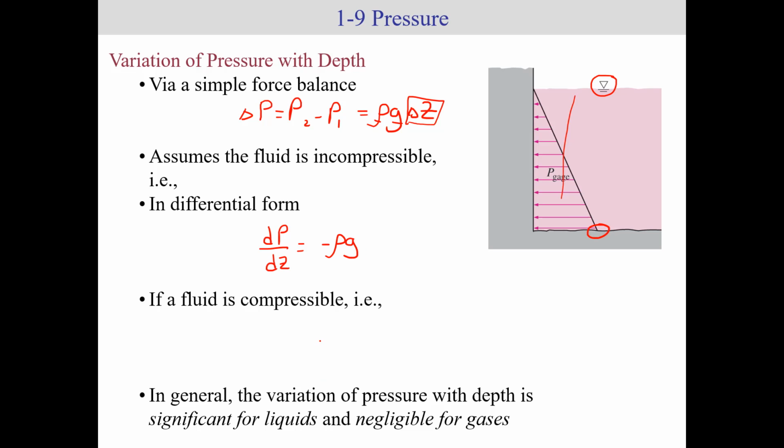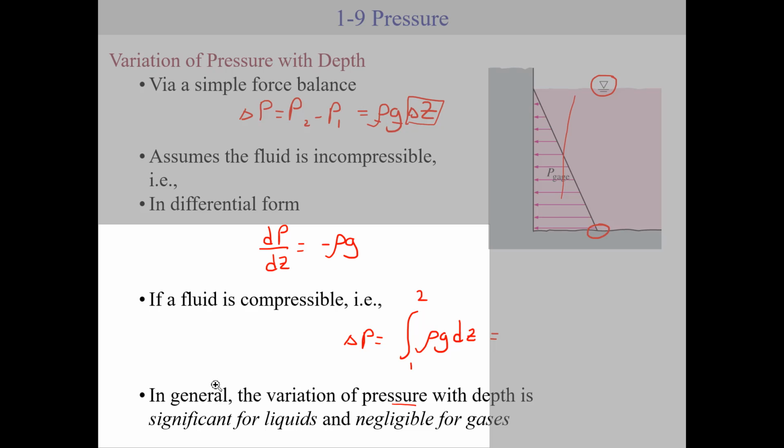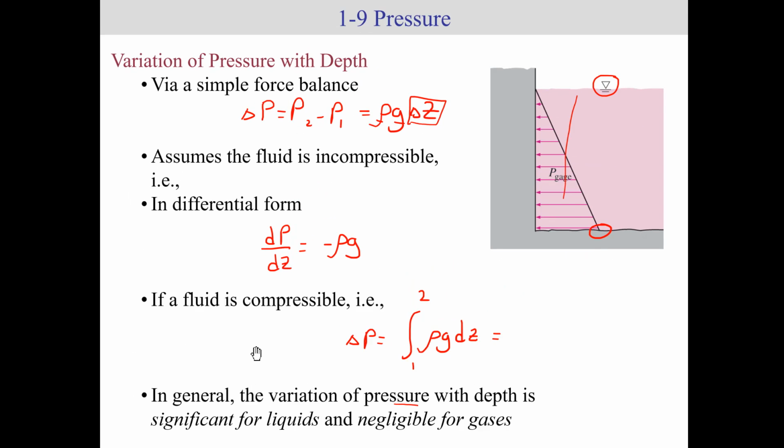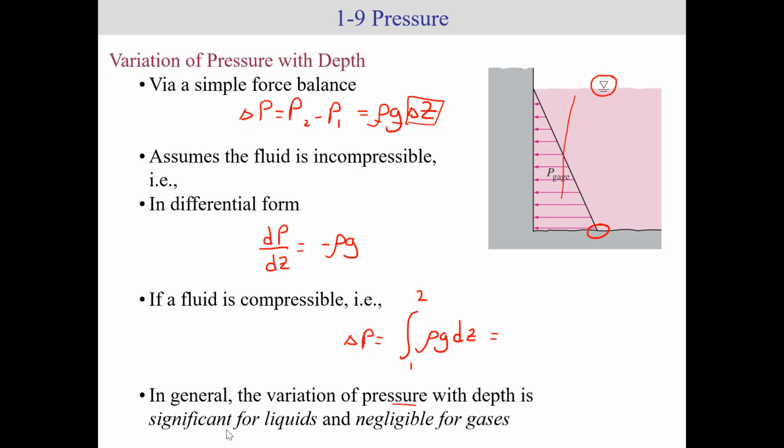So if the fluid is compressible, like air, you actually have to integrate that over the two different points at which you're at. But in general, the variation of pressure with depth is significant for liquids and negligible for gases.